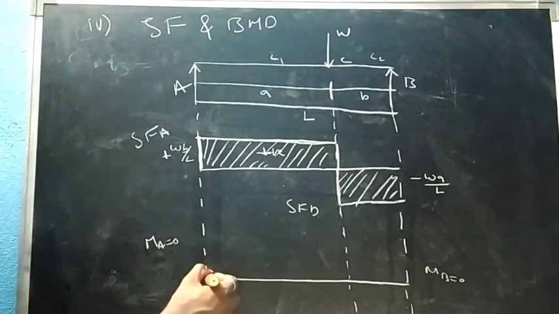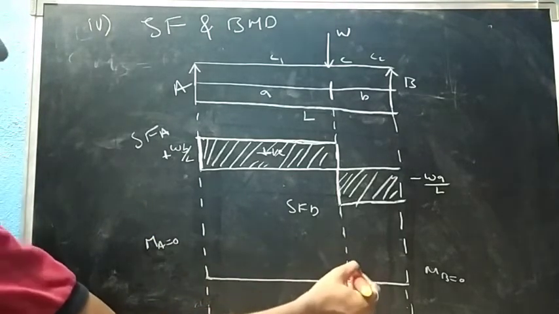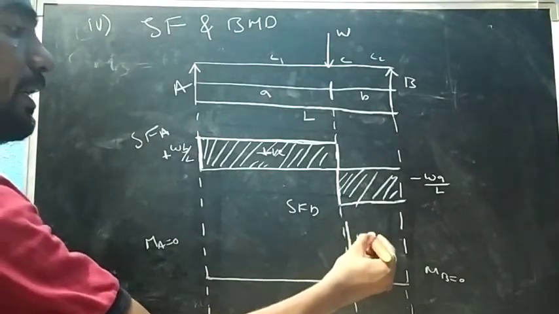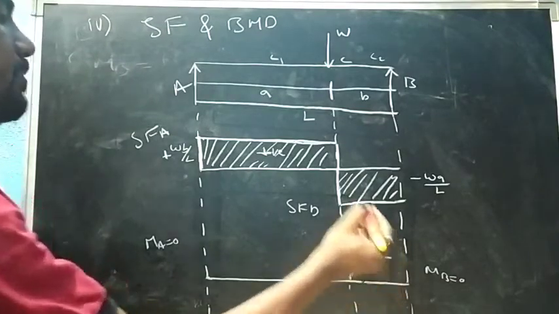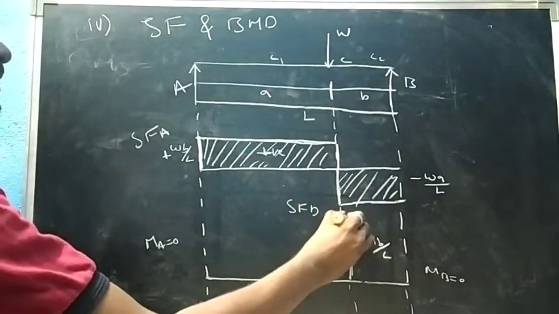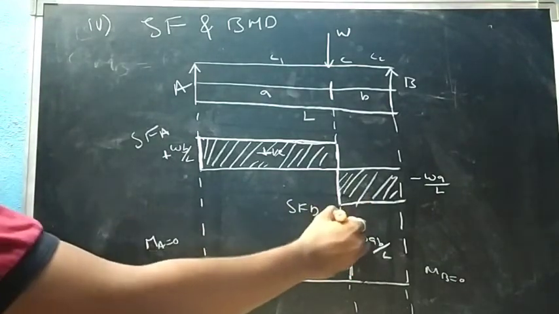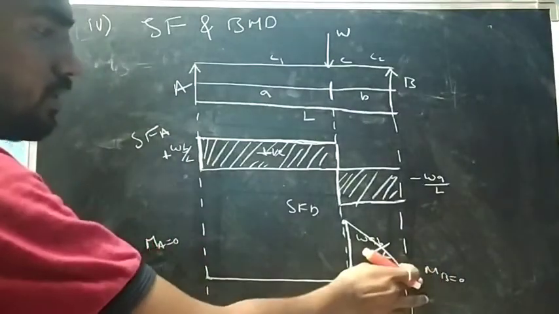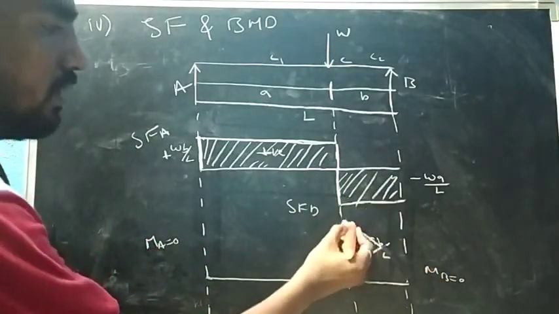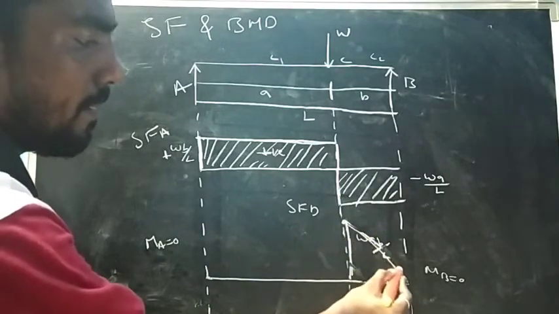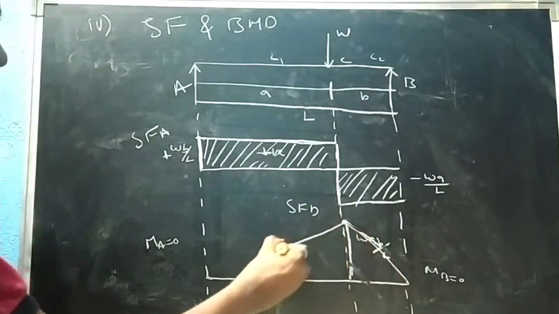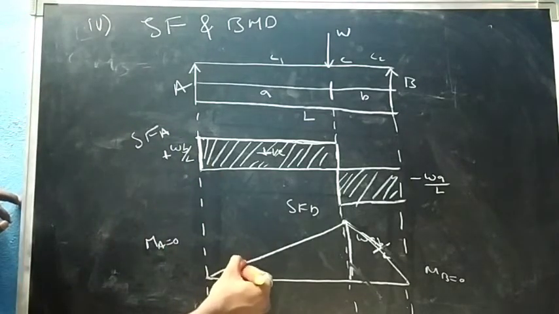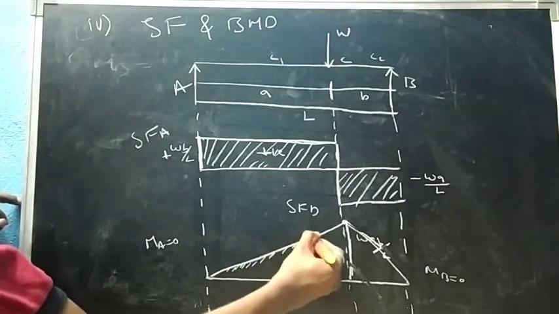So from here there is a change here, that is how much? WAB square divided by L. So here there is a change. Raise to certain height and join this to 0. So which is straight line actually. Okay, and here. Clear? Shade this part. Show this is positive.